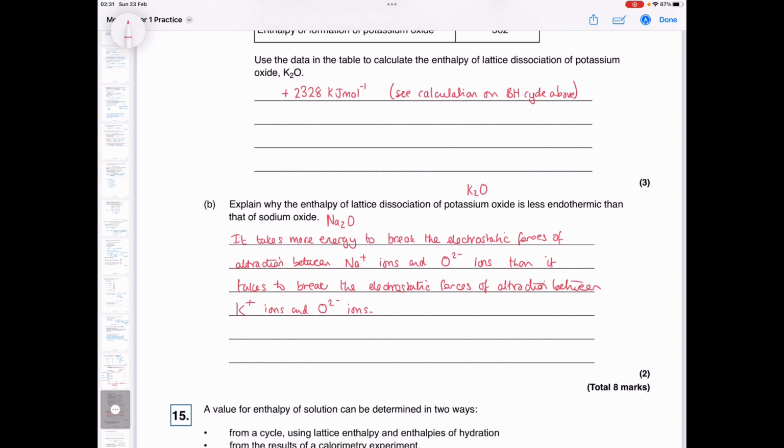And this is because sodium, which is higher up in group 1, is a smaller ion than potassium, which is further down in group 1.